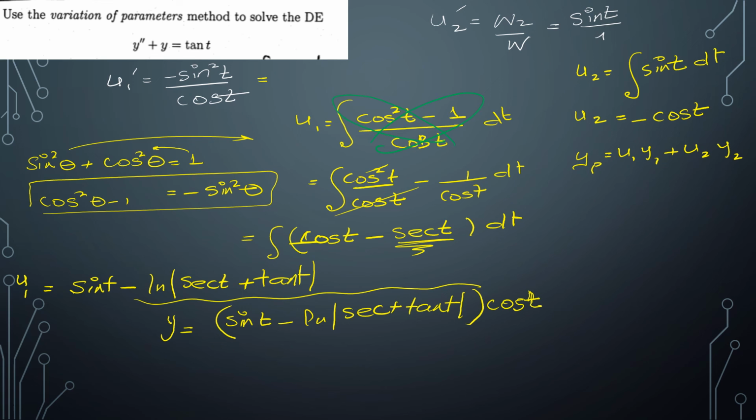So u2 is negative cosine t and y2 is sine t. Now open the bracket for this one.